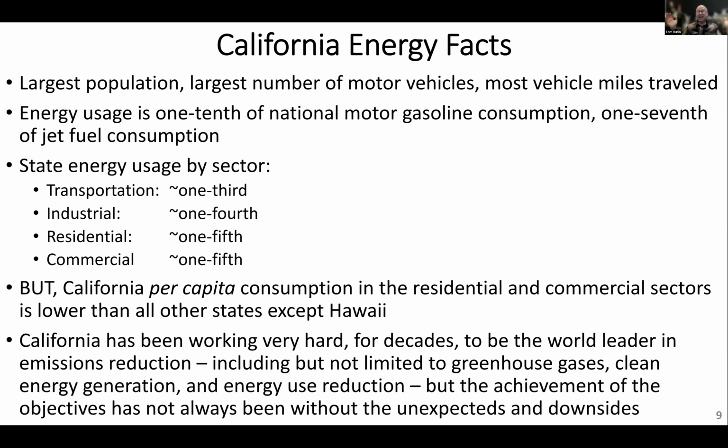Here are some things about California, and obviously we're in California, so I'm going to spend some time on that. Obviously, the largest population, about 10% of the national population, a little bit more than that, in fact. And we use about 1/10 of the national motor gasoline consumption and about 1/7 of the jet fuel consumption, because our populace tends to travel quite a bit.